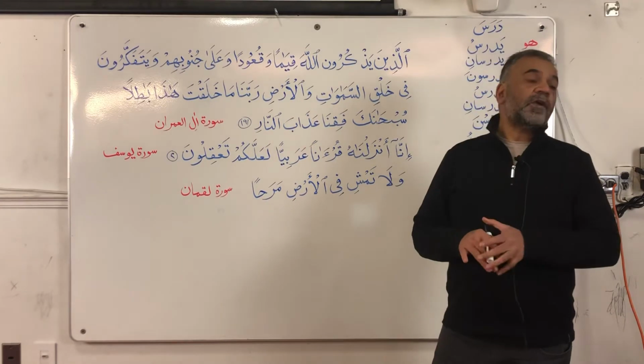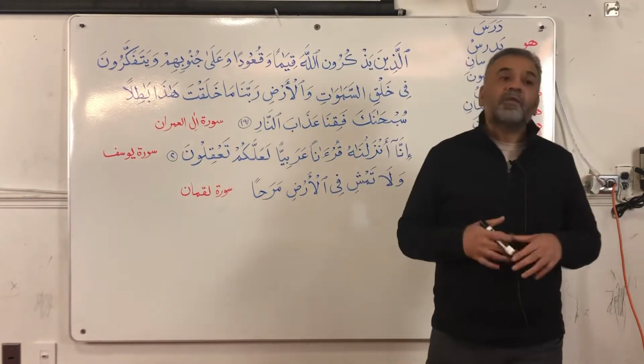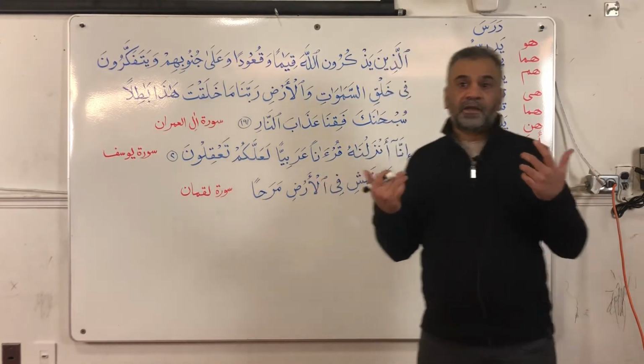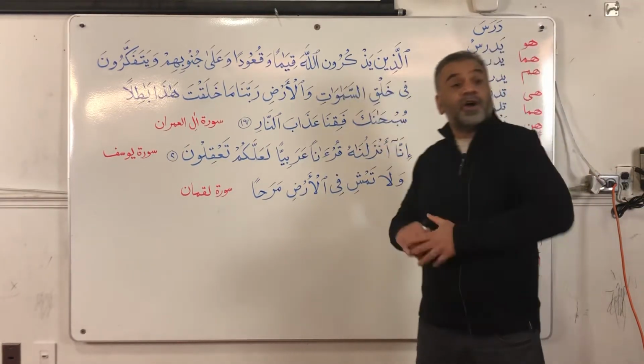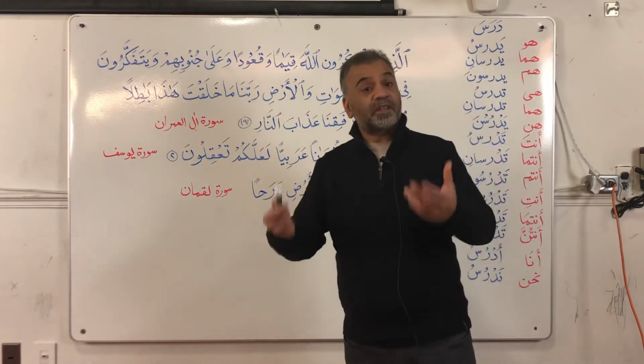Now remember, whenever hal comes, there has to be a sahibu hal. Where is the sahibu hal here? Wow, wow is the sahibu hal, right. It's the fa'il and the sahibu hal. These are the people.